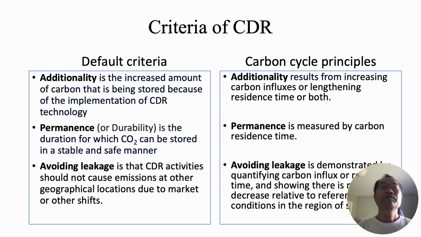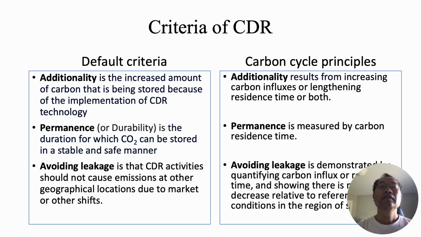The principles we propose to evaluate land-based carbon dioxide removal strategies are consistent with existing criteria. Traditionally, CDR methods need to be evaluated with at least 3 criteria: additionality, permanency, and avoiding leakage.